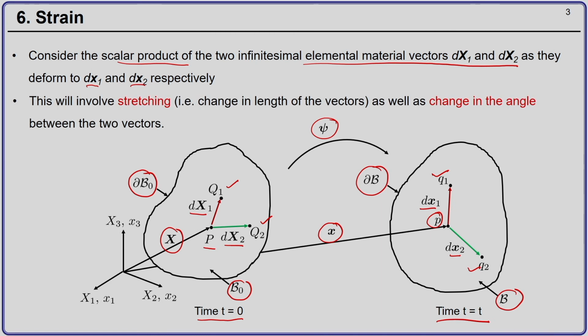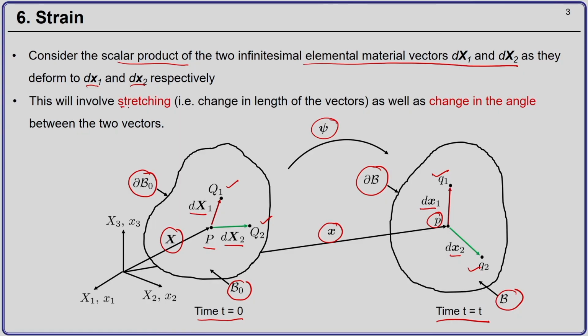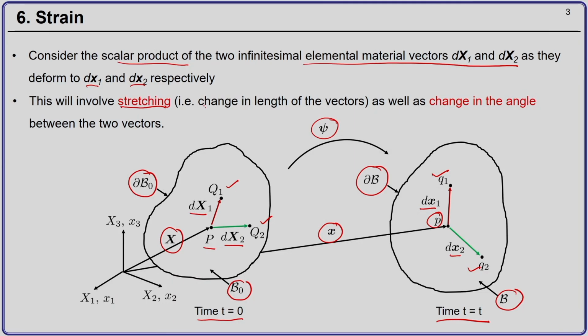As the material vectors deform, they will undergo what is called stretching, which means there will be a change in the length of the vectors. So PQ1 and PQ2, these two vectors, will stretch. They may elongate or compress, so there may be a change in length.